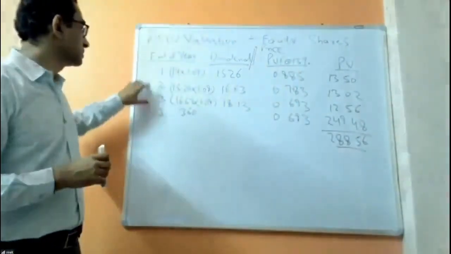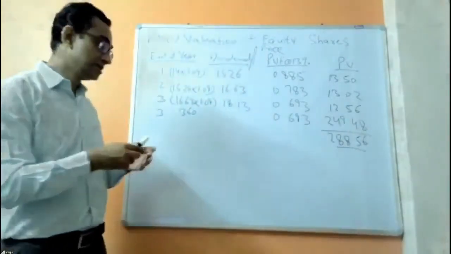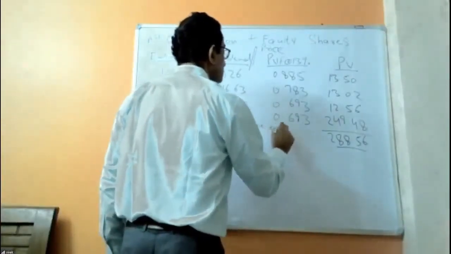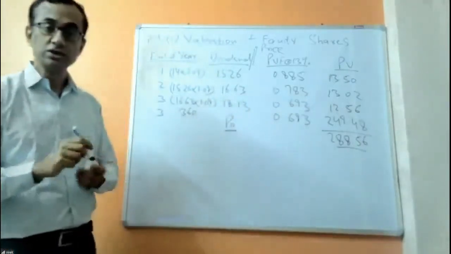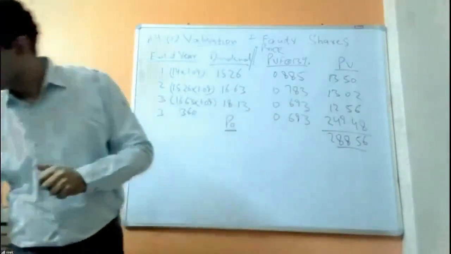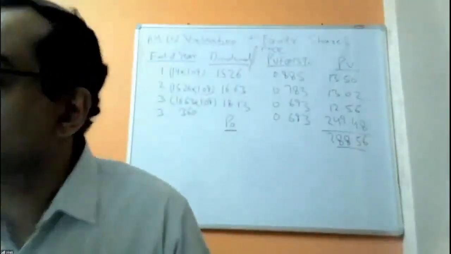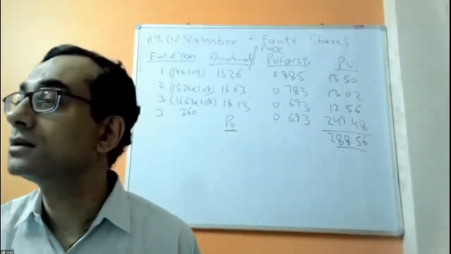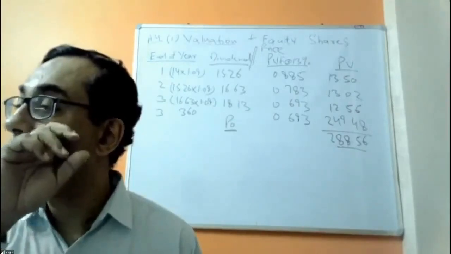So the present value of dividend of all the years plus the present value of the sales price will be added, and this is actually the present value of holding the shares for 3 years. That comes to 288.56. Okay, then fine.